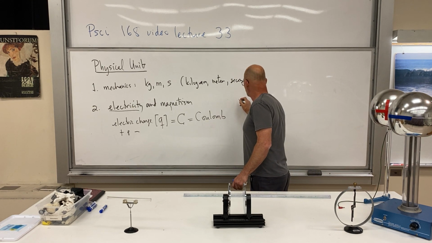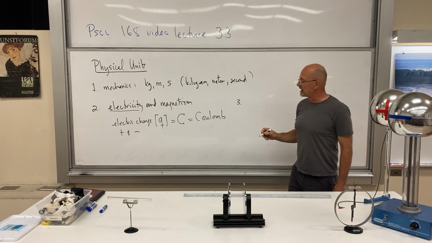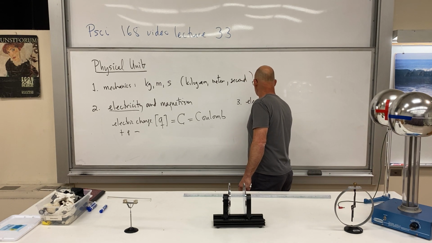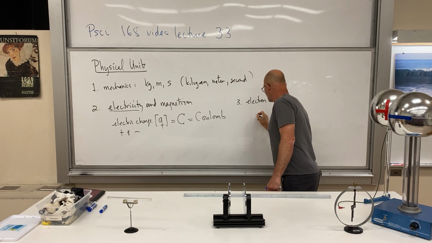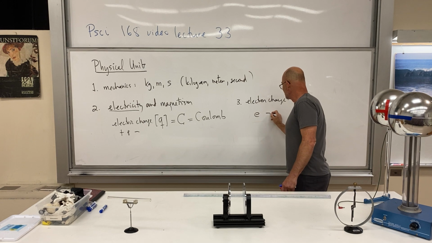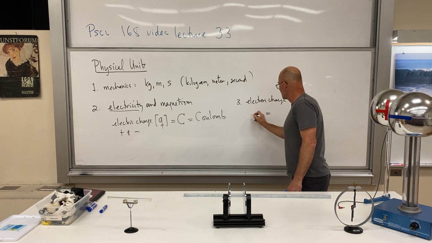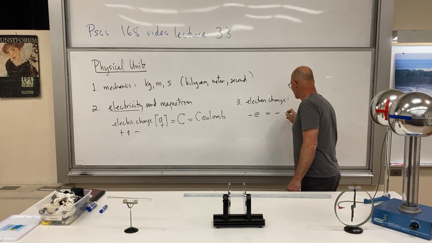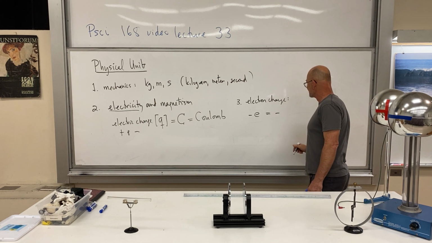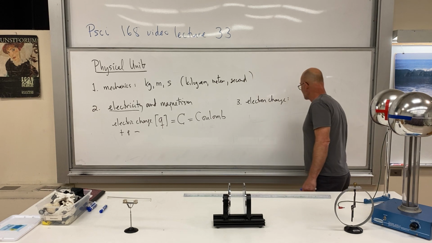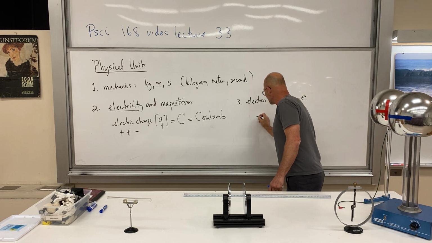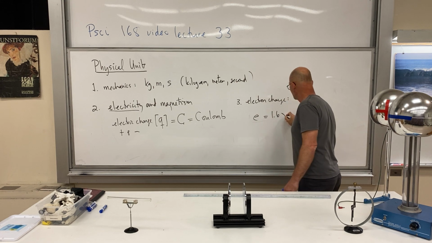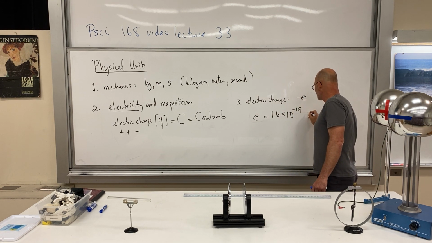What about the electron and the proton? The electron charge is negative e, and this letter e is equal to 1.6 times 10 to the minus 19 coulomb.